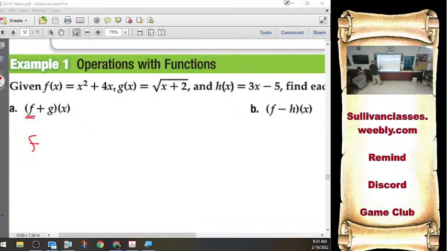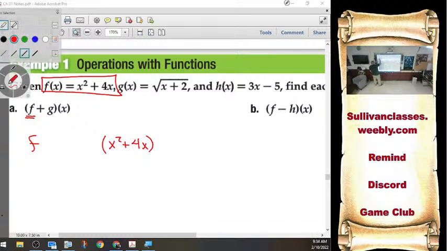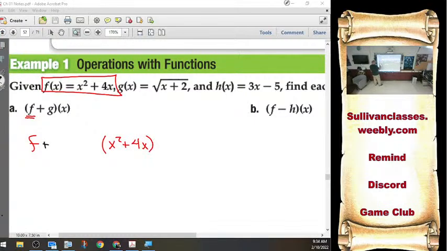If f is this stuff, then f plus g is literally the f plus g rules.